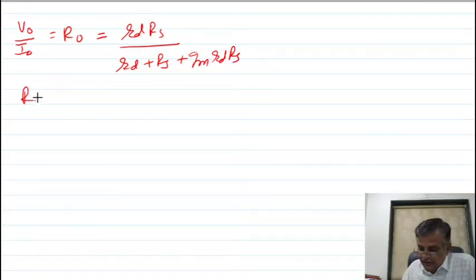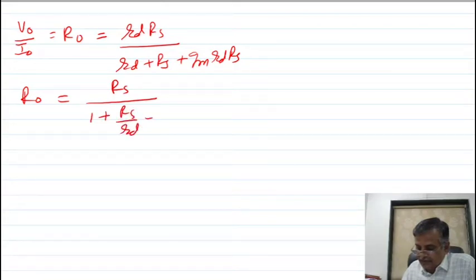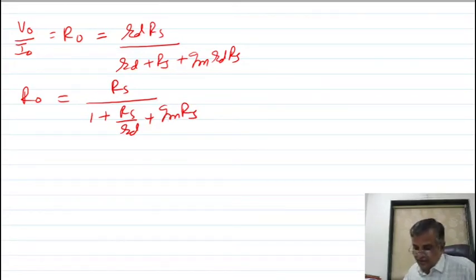Same thing you can write Ro is equal to Rs upon 1 plus Rs by rd plus gm Rs. So what I did, I divide this term by small rd. This term is also by small rd. If you divide this by rd, you will get only Rs. If you divide by rd, 1 Rs by rd, rd is cancelled, you will get this.